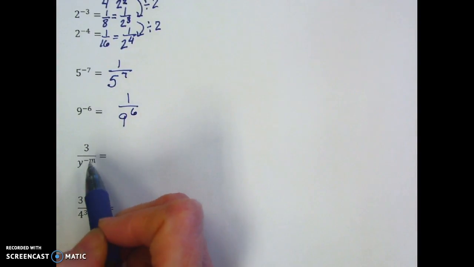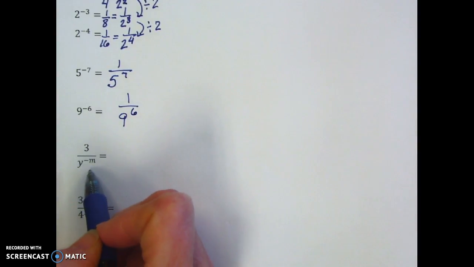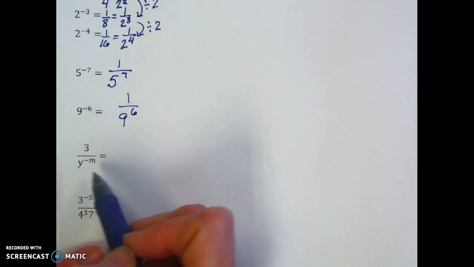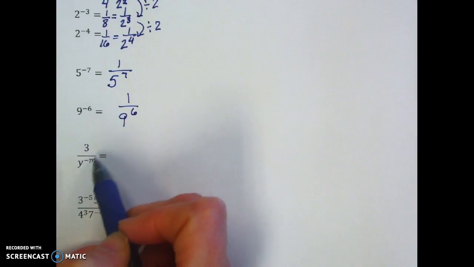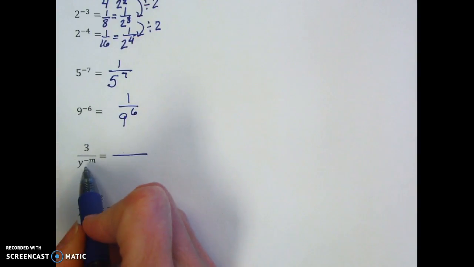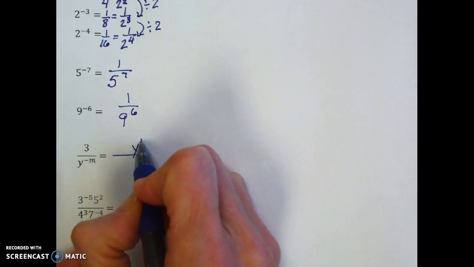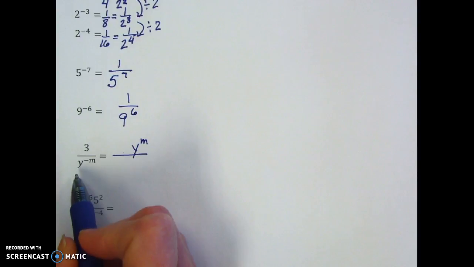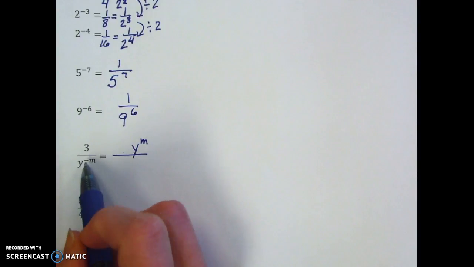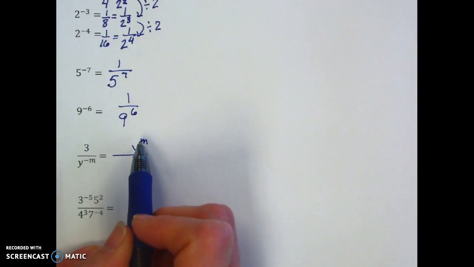Now in this case I have a 3 in the top and a y to the negative m in the bottom. A lot of people want to move the 3 to the bottom and the y to the top. It's not going to work that way. If we have a negative exponent in the denominator, yes, we want to move that to the top and make it a positive exponent. So y to the negative m in the denominator of a fraction needs to move to the top, the numerator, and become a positive exponent.